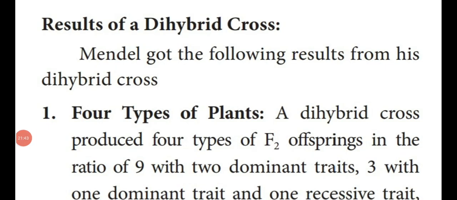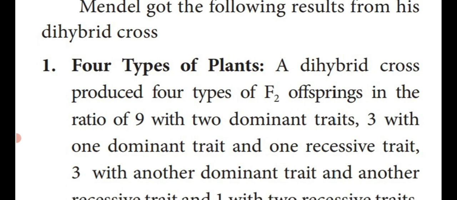Dear students, see the results of the dihybrid cross. The first result is 4 types of plants. That means the F2 offspring are producing 4 types in the ratio of 9:3:3:1.